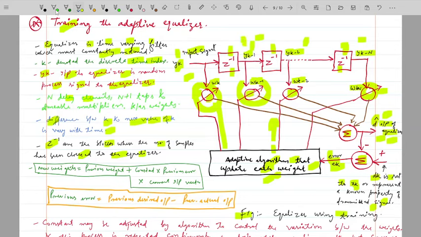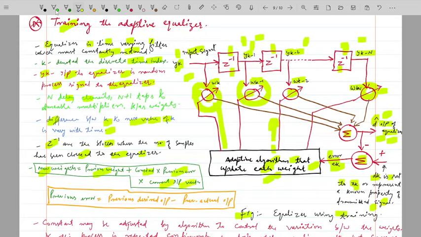Now, how can we find the new weights? The new weight equals the previous weight plus a constant value multiplied with the previous error and also multiplied with the current input vector.